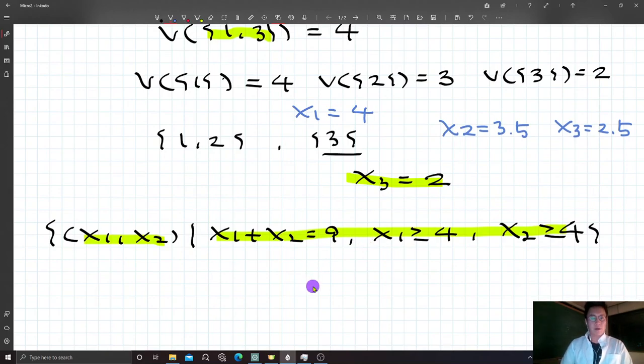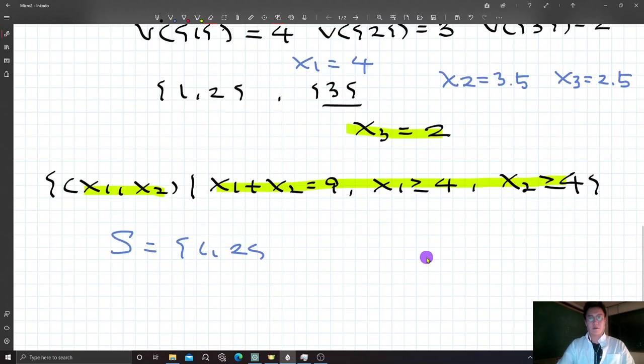It does not have the core property because there is another coalition. So there is a coalition S of 1 and 2. A coalition is just one subset of the total individuals, the total consumers. So there is a coalition S that improves upon this allocation. Here X1 tilde is 4.5 and X2 tilde is 4.5.